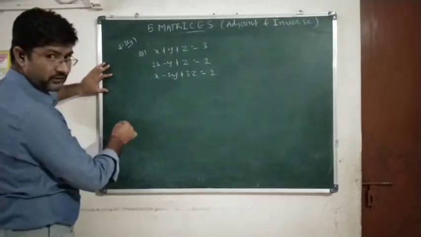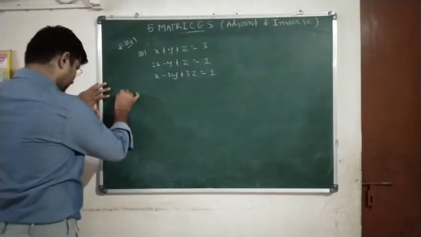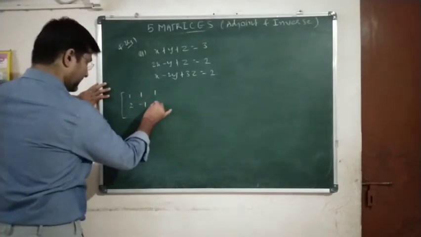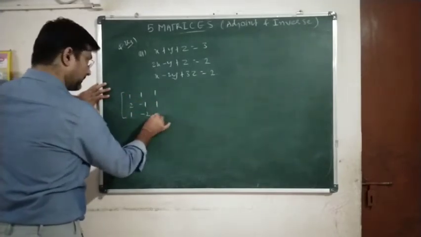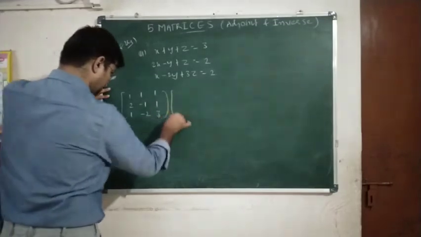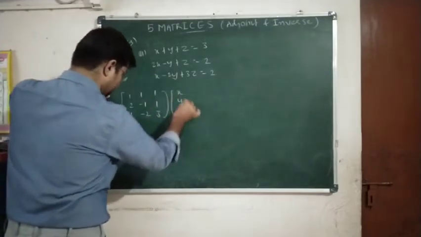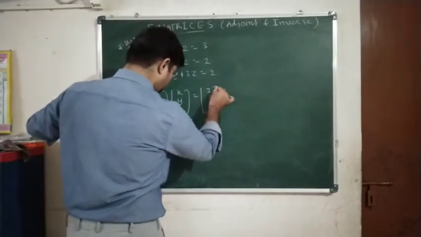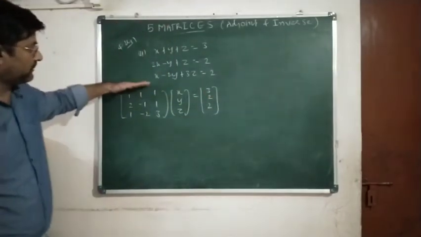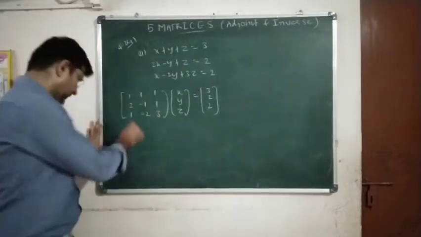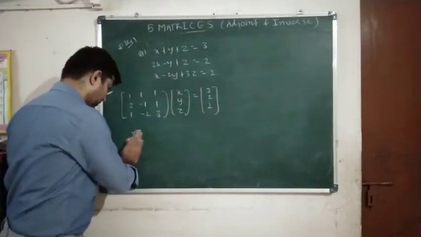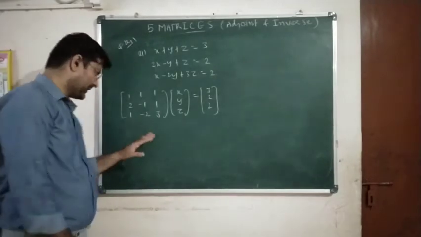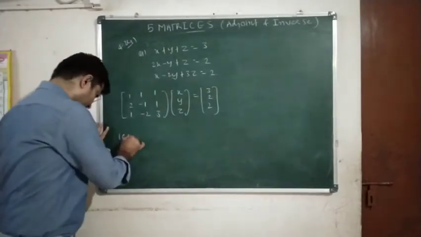Let us write down this system of equations as a matrix equation. So we have 1, 1, 1, 2, -1, 1, 1, -2, 3, into x, y, z, is equal to 3, 2, 2. We are not going to multiply, we will find out the determinant of the matrix, but let us first name them.